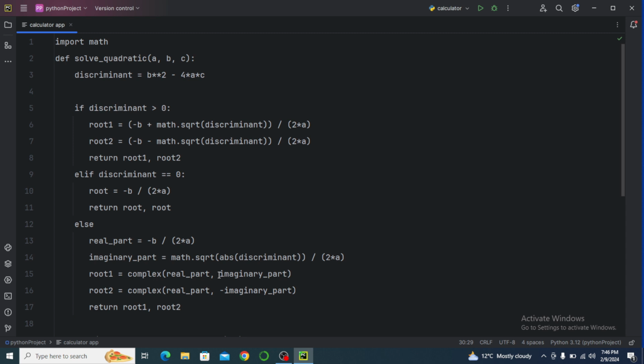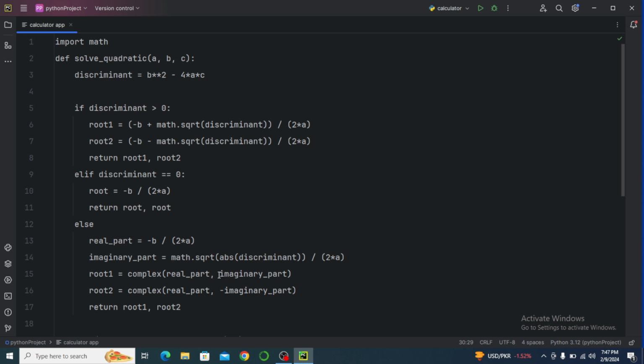Then we calculate the discriminant using b squared minus 4ac to determine the nature of the root. Like, is it a quadratic equation with complex root, identical real root, or real root? So that's the function of the discriminant.